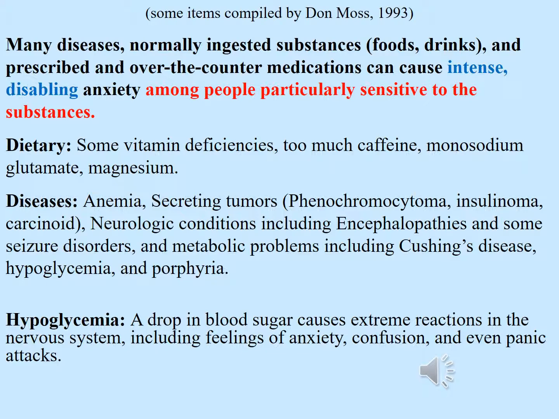Dietary: some vitamin deficiencies, too much caffeine, monosodium glutamate, magnesium. Diseases: anemia, secreting tumors, neurologic conditions, and metabolic problems, including Cushing's disease.